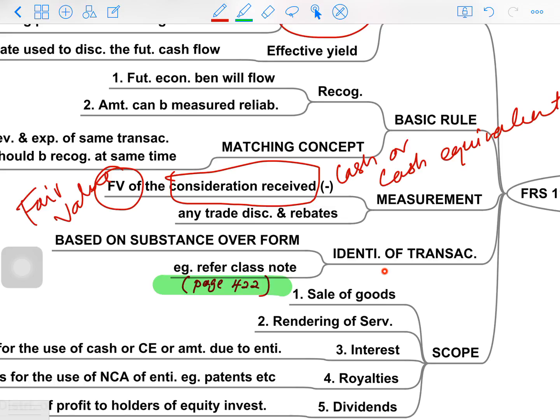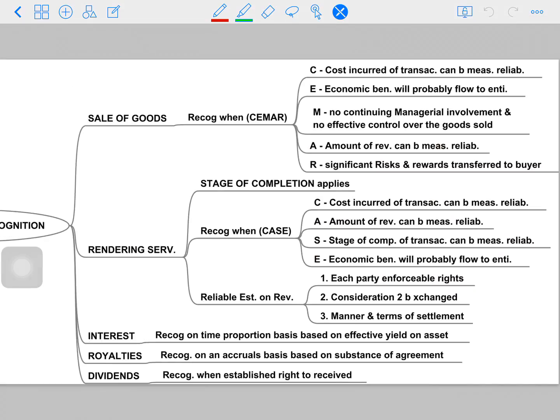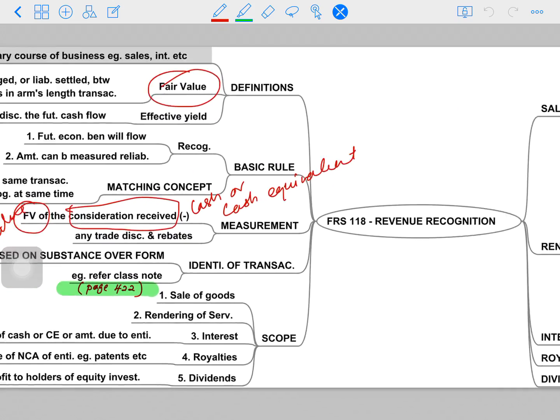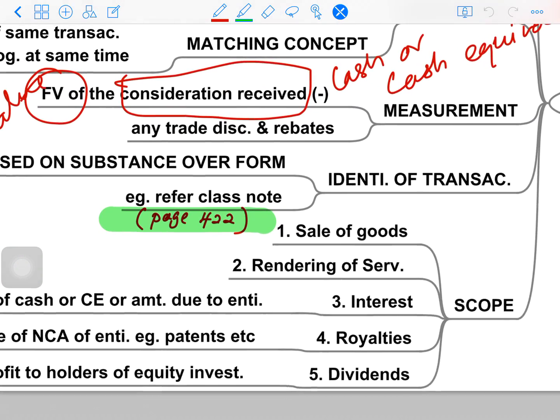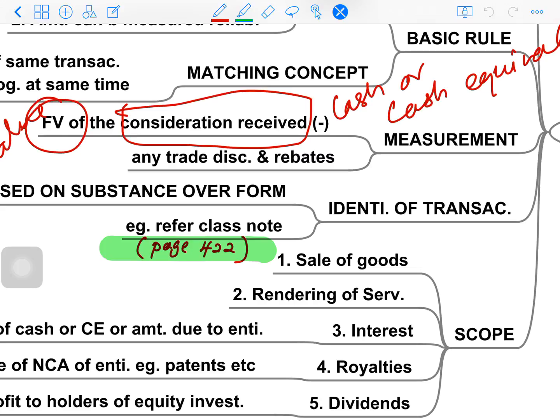The three groups of revenue are sales of goods, rendering of service, interest, royalties and dividends. Kita akan tengok nantilah later on. Okay, that will be in our discussion later on.